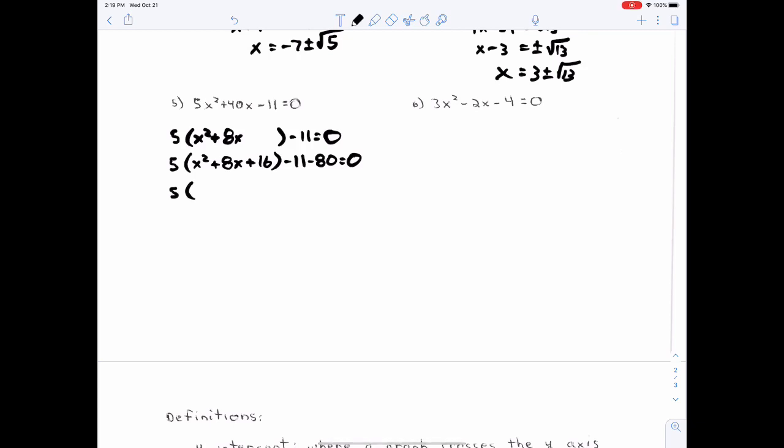Then we'll factor it. And what's that? Minus 91. There's going to be something kind of weird about this problem, but it's not that big of a deal. Okay, then we'll subtract the 91.